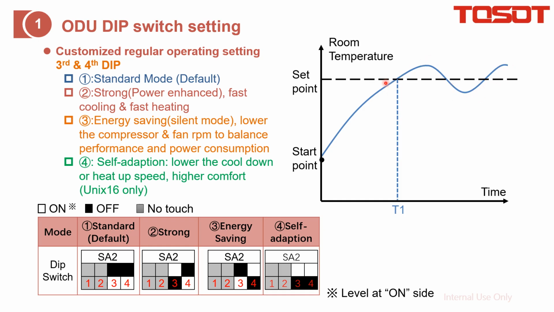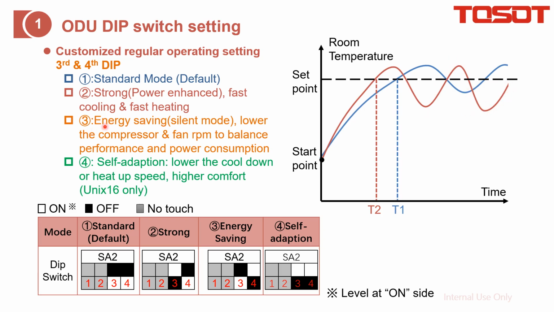And for the number 2, it is strong. You can consider it as fast cooling and fast heating. At this time, we will raise the compressor frequency to achieve the target earlier, just like this. And you can find that compared with number one, the time is less, but the consumption is a little bit more.